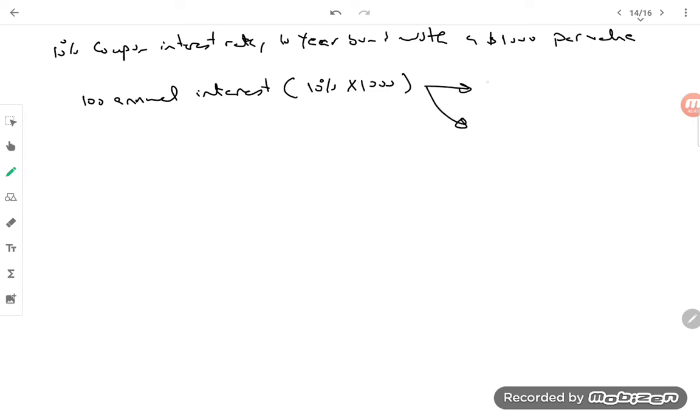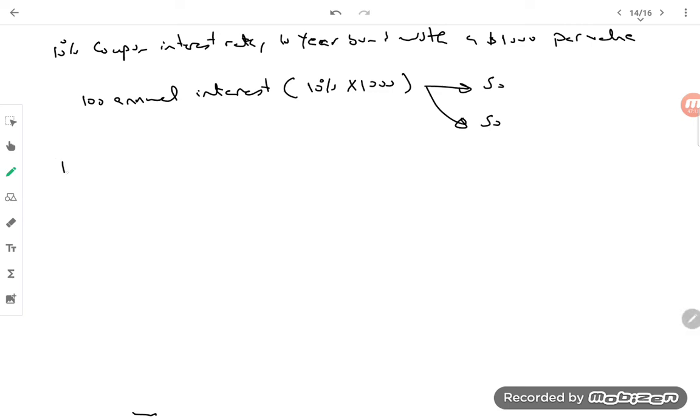This is going to be distributed as 50 and 50, as it's a semi-annual payment. And at the end of the 10 years you are going to get $1,000, assuming that the Mills company bond issue is paid annually, and that the required return is equal to the bond's coupon interest rate.